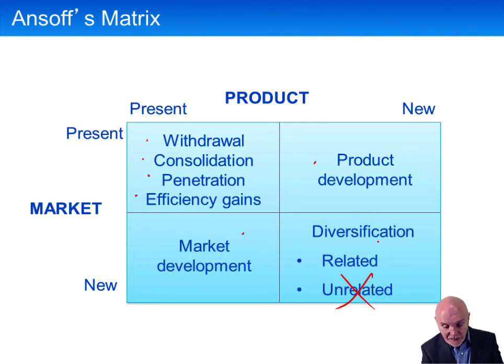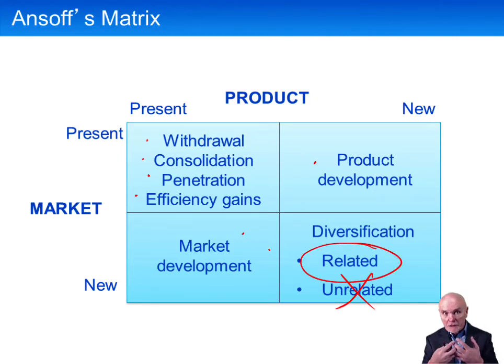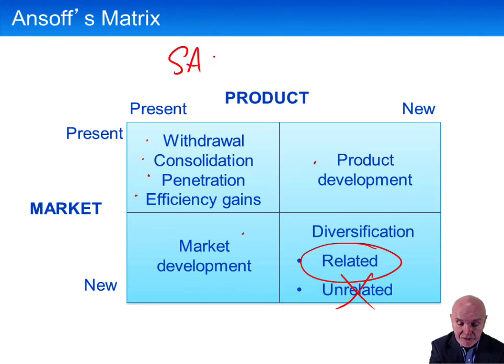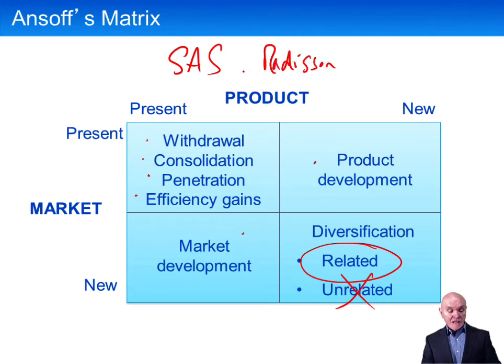Related diversification is a little bit more of a hope. This is where there's some connection, almost some logic between two companies. A good example, perhaps, of that is SAS, which is a Scandinavian airline service, and Radisson. Radisson is a chain of hotels, and they're essentially in one group now, and there are many Radisson hotels at airports.